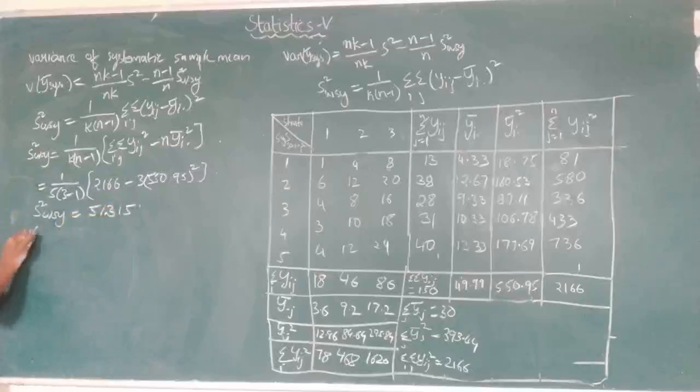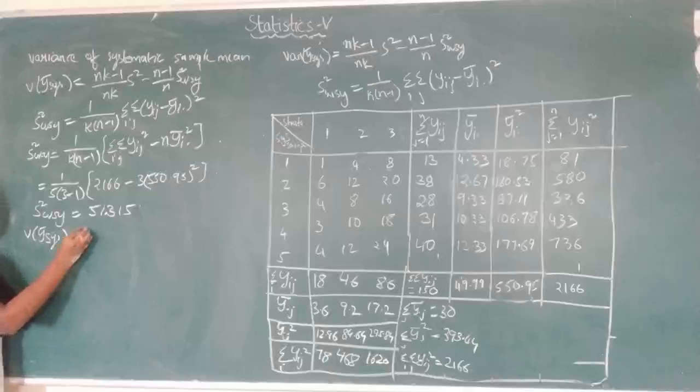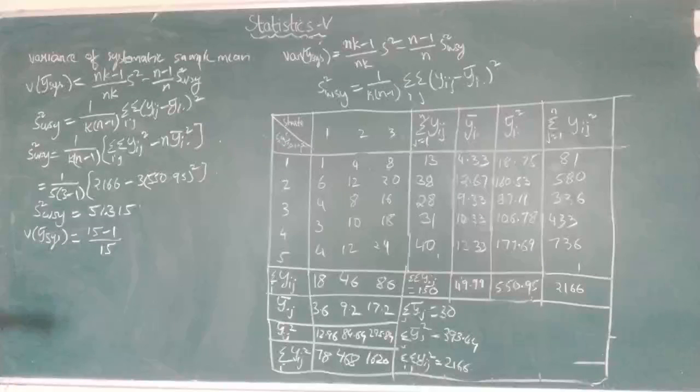Substitute this value in variance of y bar sys equals nk minus 1, that is 5 into 3, 15, minus 1 by 15 into S square. The S square value we have already got for the random sample, right? There we got the S square value as 47.57.